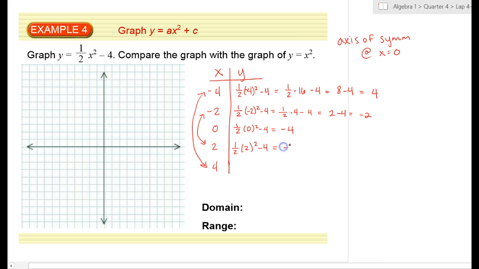So this should get me -2. And if you plug it in and try it out, it does. 1/2 times 4 squared minus 4 should get me what -4 does. And when you plug it in, it does.